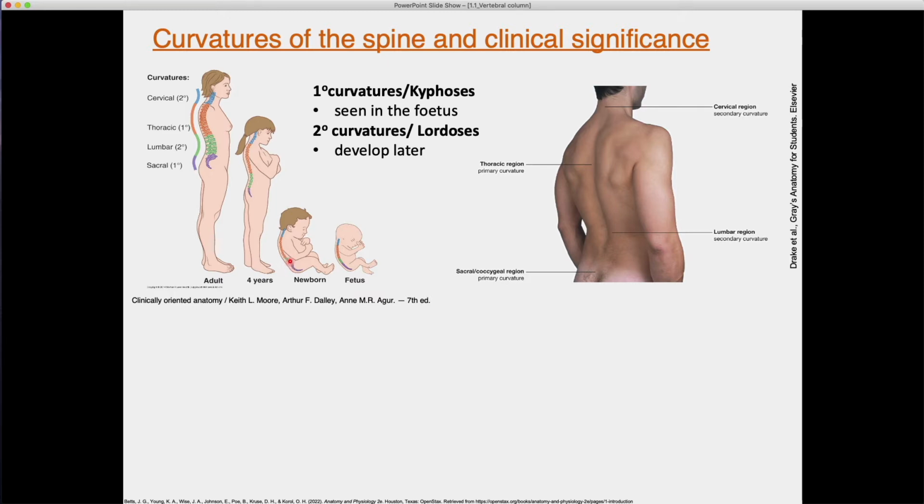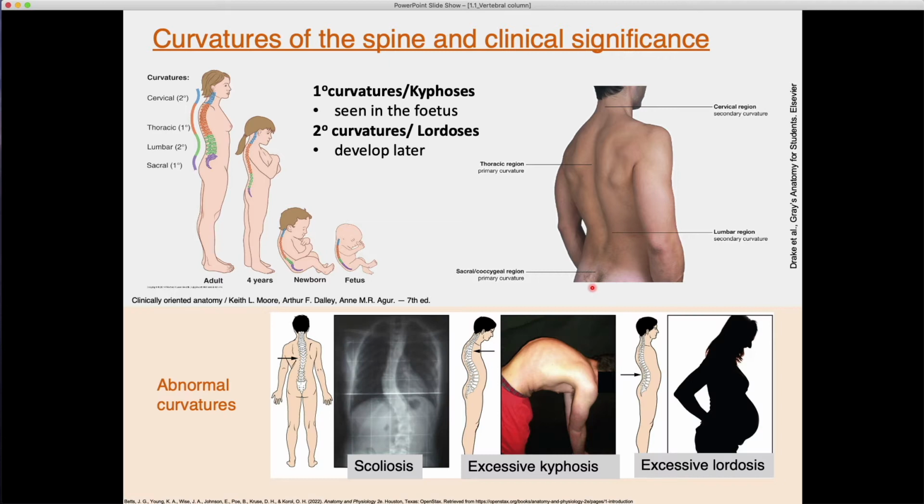So these cervical and lumbar curvatures are secondary curvatures, also known as lordoses because they are more anterior. So here in surface anatomy, we can see that secondary cervical curvature and that secondary lumbar curvature. And we can see the primary thoracic and primary sacrococcygeal curvatures.